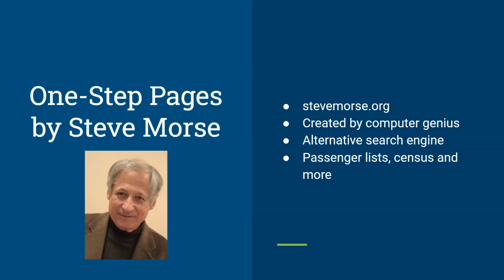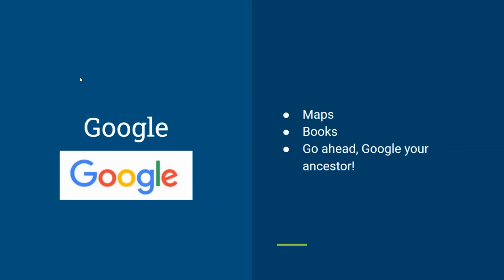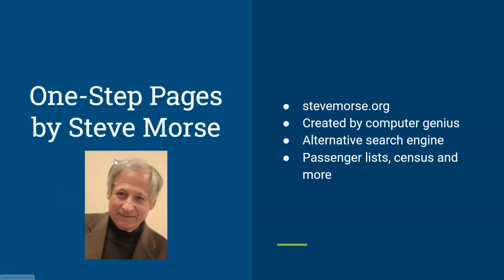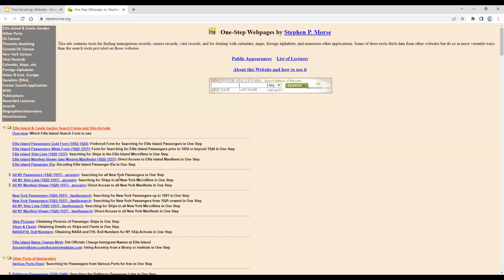When a new census comes out, like the 1950 census just did, Steve Morse is on the spot with a way to search. So let's stop talking and take a look at this. Whoops, I did it again. Sorry. I need to click here, and we'll go to stevemorse.org.